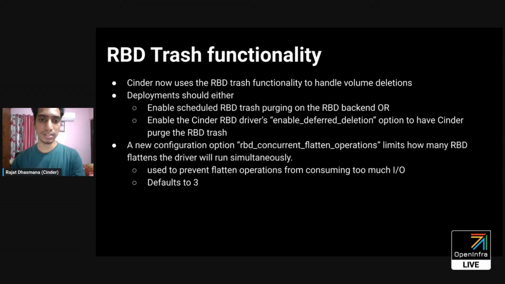If you are performing concurrent operations, like 10 snapshot deletions at the same time and 10 volumes getting flattened, which are over 1 TB, then it might put a lot of load on your system. So we have this new configuration option, concurrent flatten operations, which will limit the number of these operations that happen in your deployment. It defaults to 3 for now.